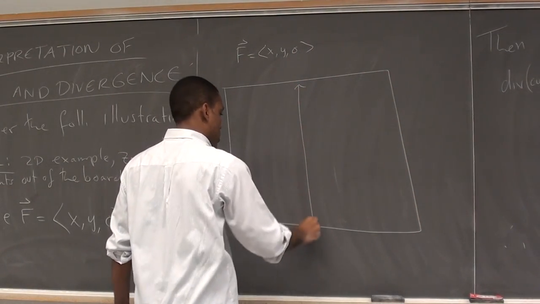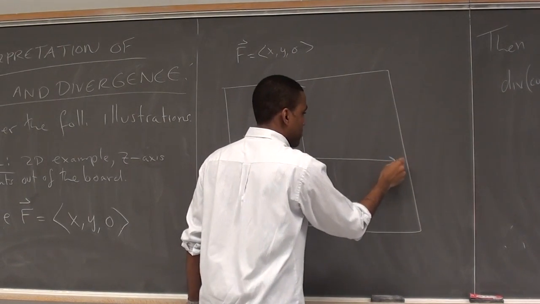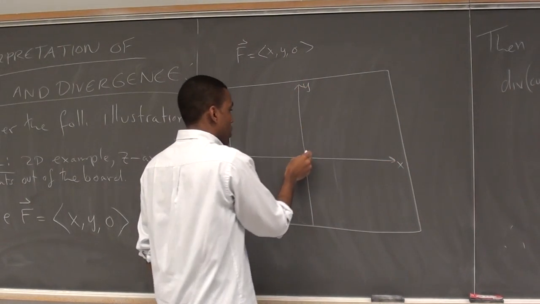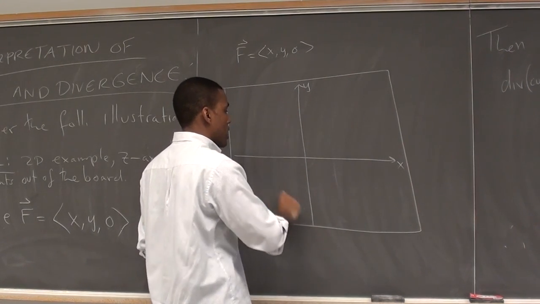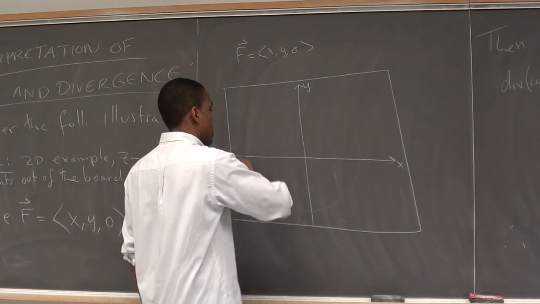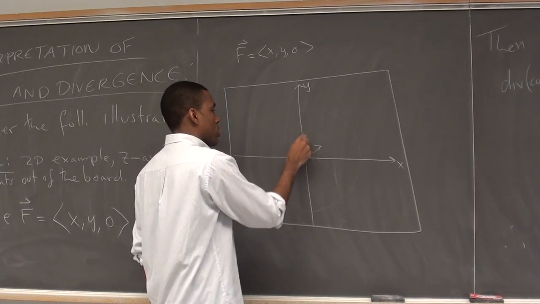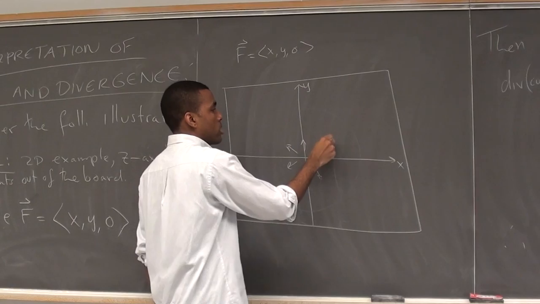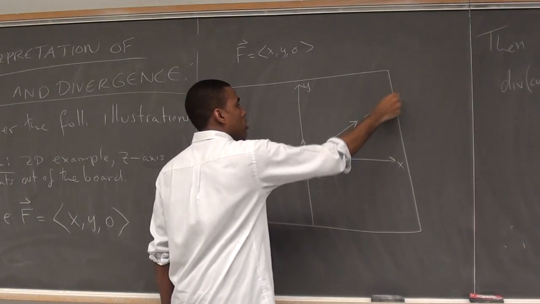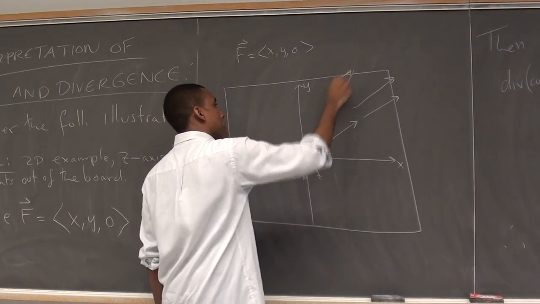You remember what it looked like? Its skeletons were circles, and you had the arrows pointing out in all directions. The farther away you get, the more the arrows stretch out.